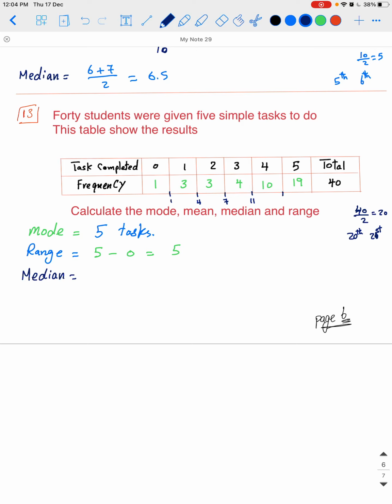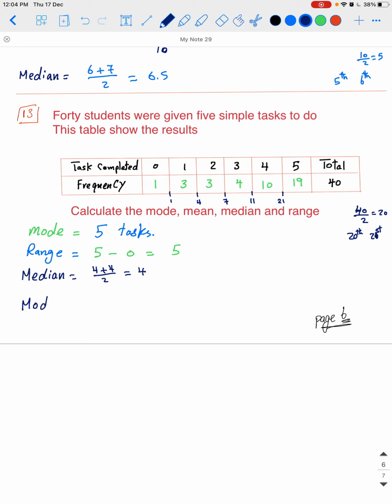And plus 10, that means at the end of here I will reach 21. So 20 and 21 will be 4 and 4. So 4 plus 4 divided by 2 means you will get 4.